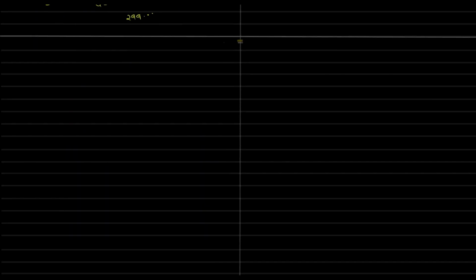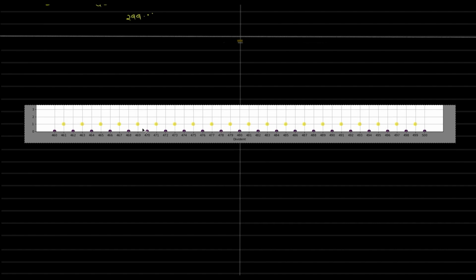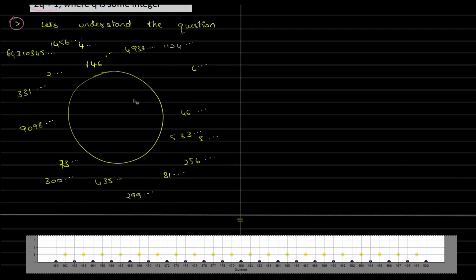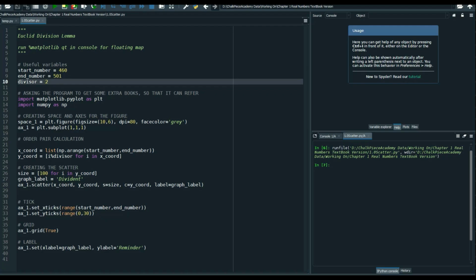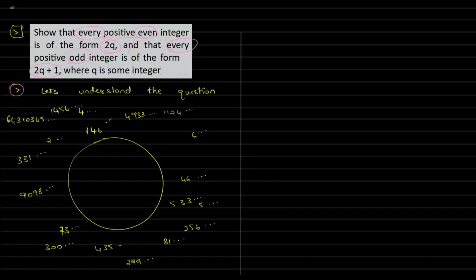So let's observe what we are seeing when we divide numbers by 2. Before that, why did I divide by 2? Why was the divisor 2? The reason is simple. Here the question talks about every positive even integer being of the form 2q and odd integer of the form 2q plus 1.